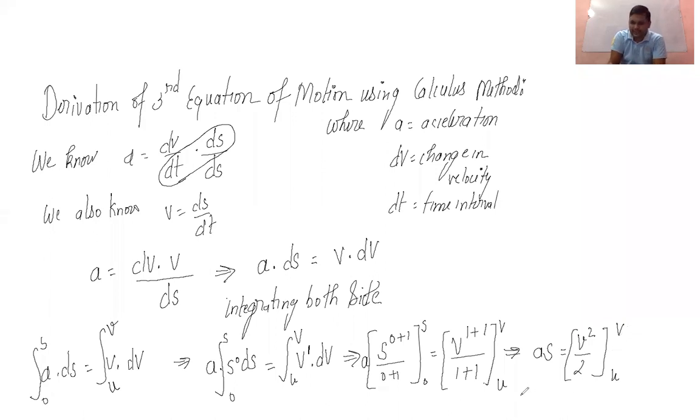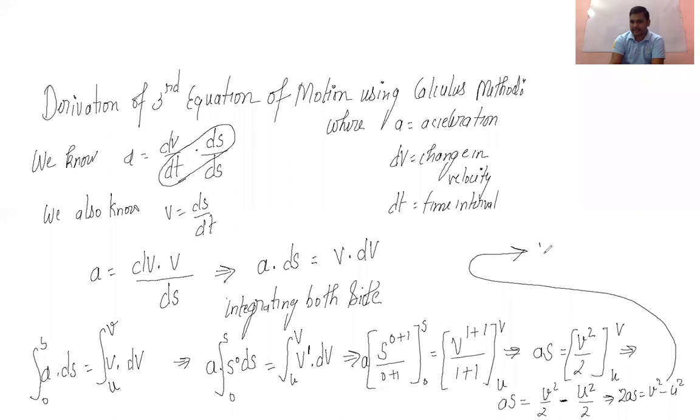You just put in the values: the upper limit gives v square by 2, then a minus sign and the lower limit gives u square by 2. This 2 will be multiplied across, and it becomes 2as is equal to v square minus u square, which can be written as v square is equal to u square plus 2as.